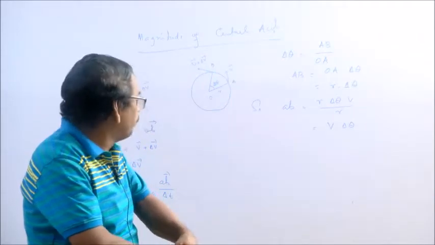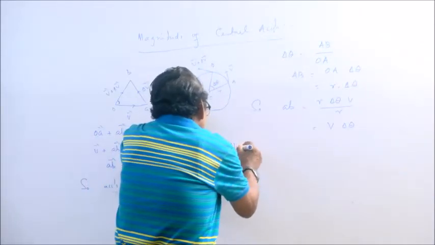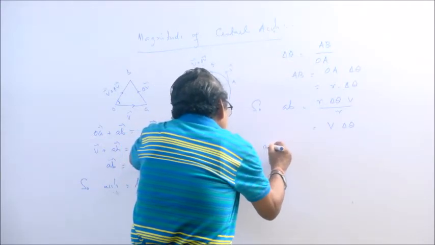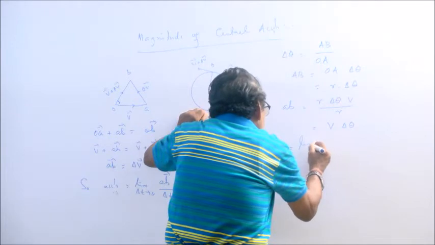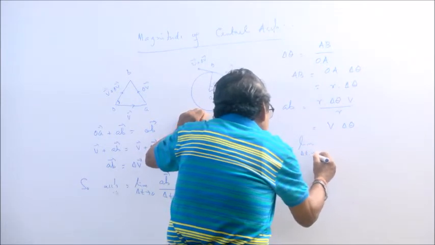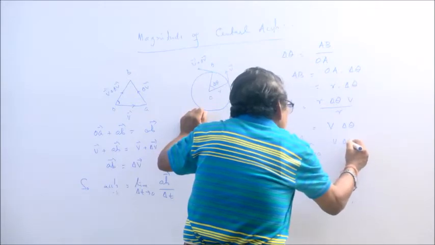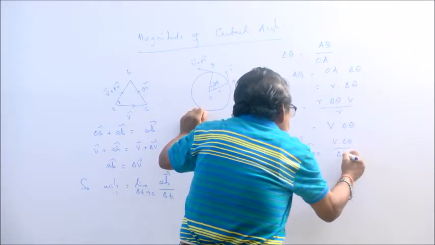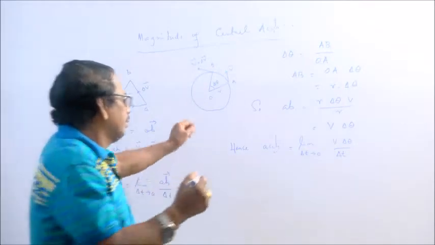Now, put the value of ab in the expression for acceleration. Hence, acceleration is equal to how much? Limit delta t tending to 0, V into delta theta by delta t.